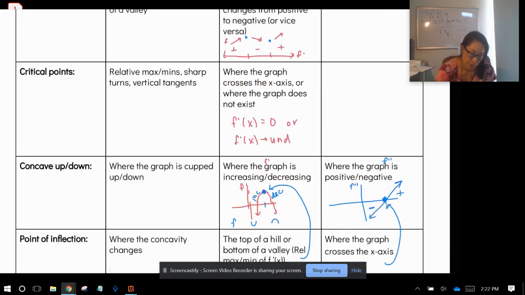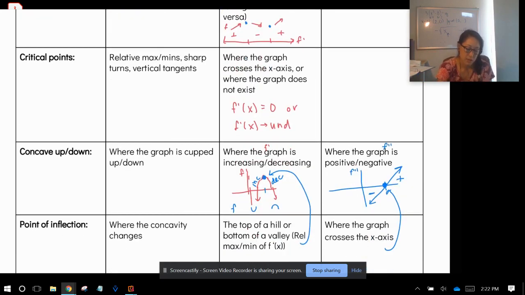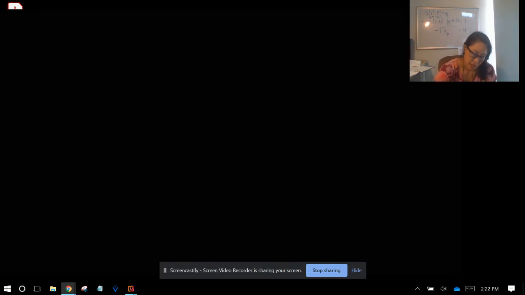F prime also tells me where to find my critical numbers, when our y value is equal to 0, in other words, the zero of the function. So if I graph f prime, the zeros right here would be the critical numbers.